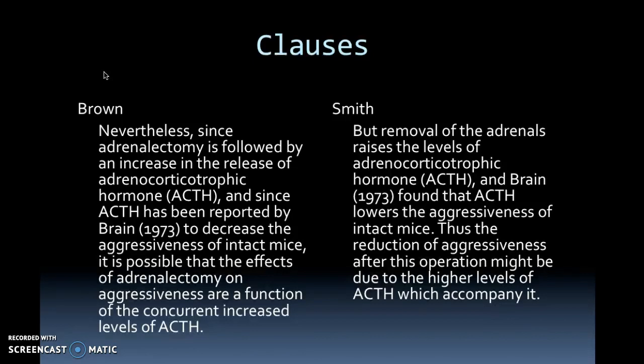Or if you do, try to make it as clear as possible. Often your best bet, as we've said earlier, is to use my favorite punctuation mark of all, the period, and create two sentences. So you see the difference here on the right with Smith's version. Didn't really remove the clause, but certainly got it under control.